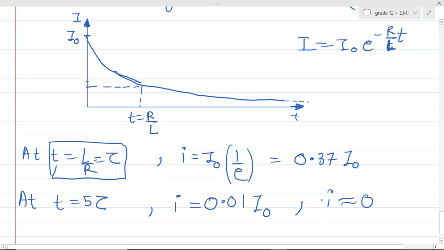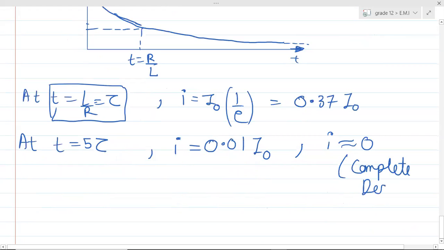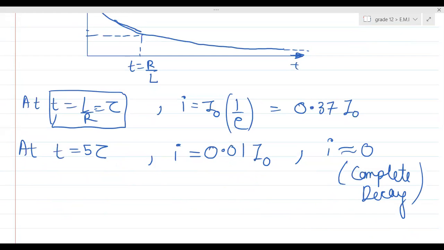Yes. This will be the complete decay. We'll assume the current has completely decayed over here. Clear, guys? Shall I start giving you questions? Yes, sir.